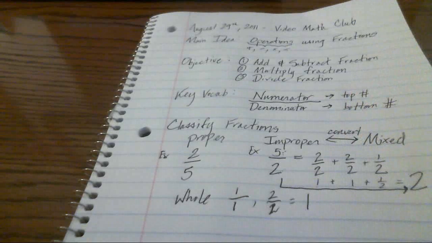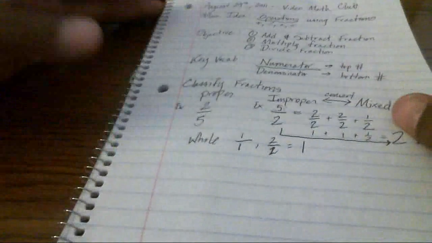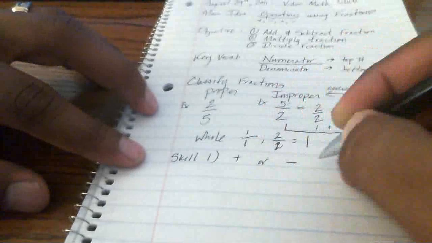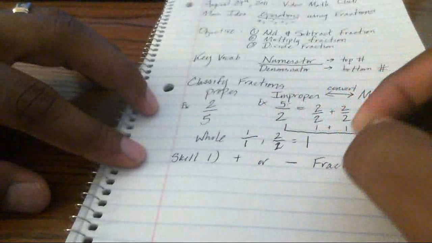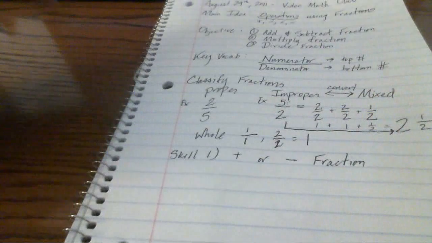Now, our first goal to learn is how do we add fractions or subtract fractions? So skill number 1, adding or subtracting fractions. There's a rule that you have to follow, and this is something, parents, that all students should memorize.